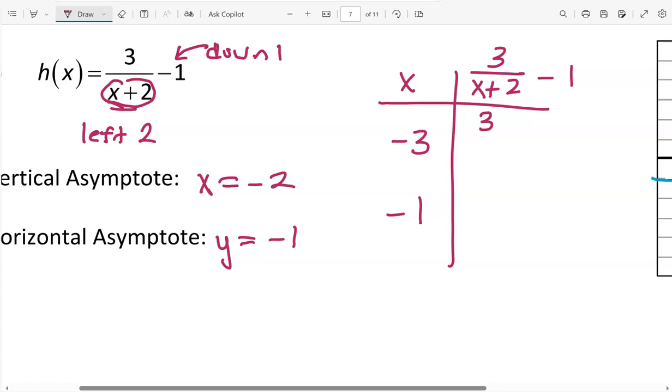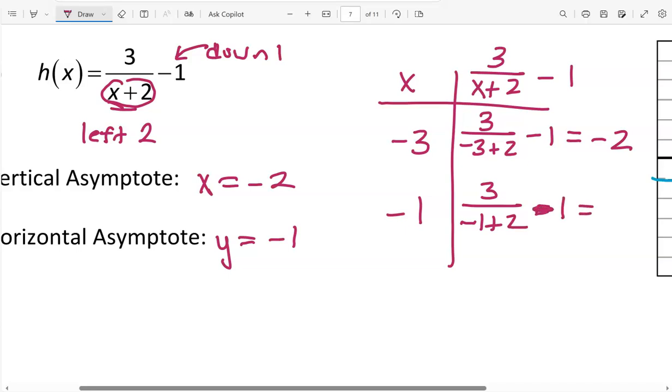So when x is negative 3, 3 over negative 3 plus 2, minus 1, is negative 1 minus 1, which is negative 2. And then for x equals negative 1, 3 over negative 1 plus 2, minus 1, is 3 over 1, 3 minus 1 is 2.